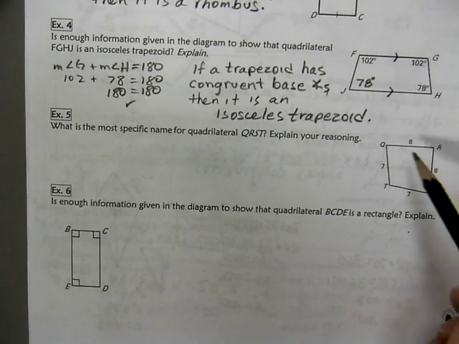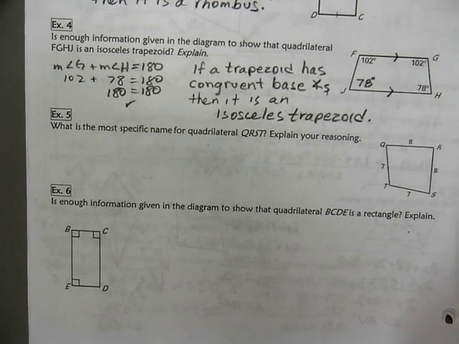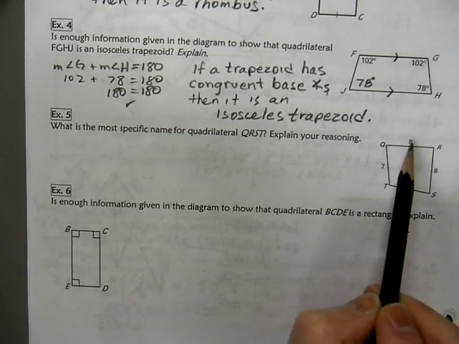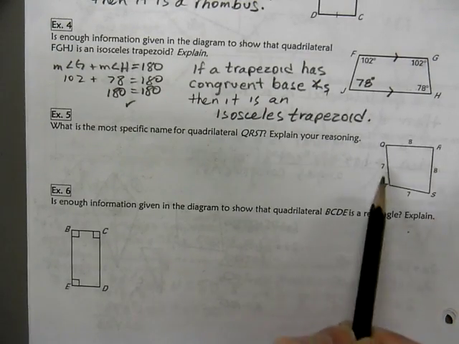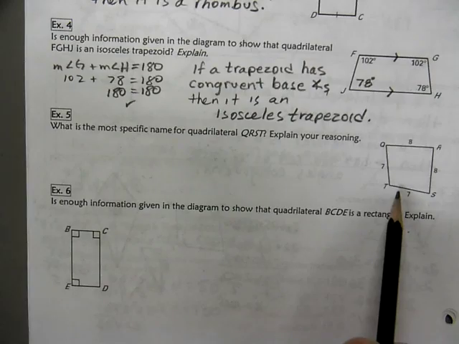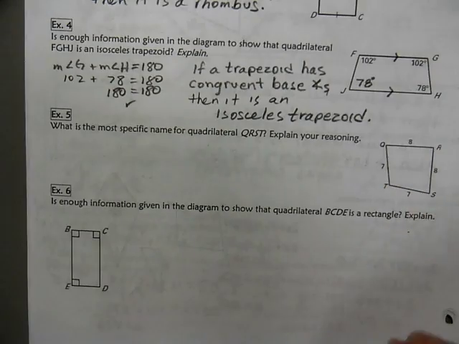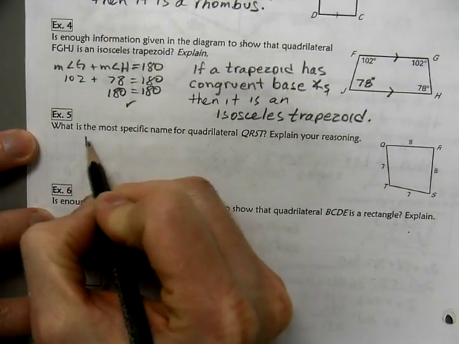There's no evidence that we have anything parallel. But what you might notice is we have 8 and 8 and they're next to each other, 7 and 7 and they're next to each other. Those are called consecutive sides.